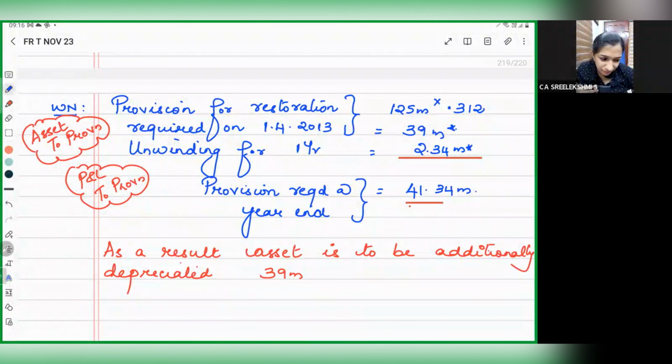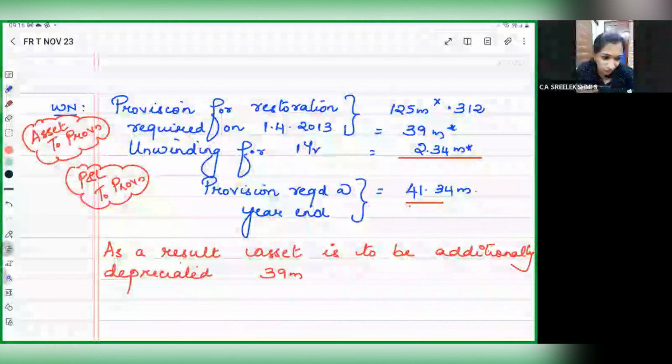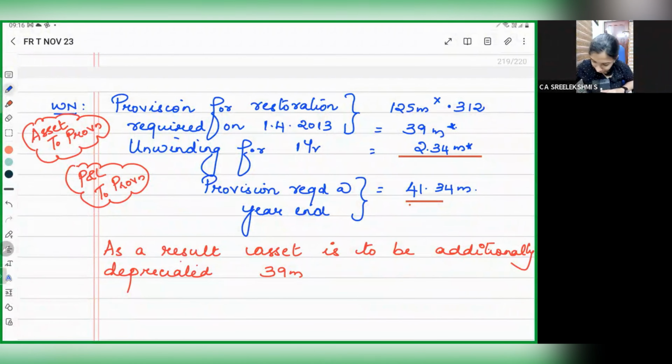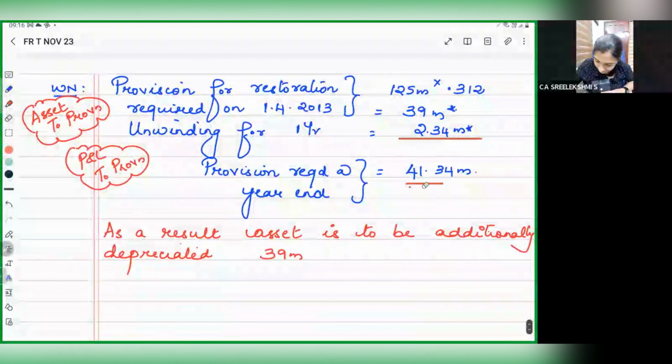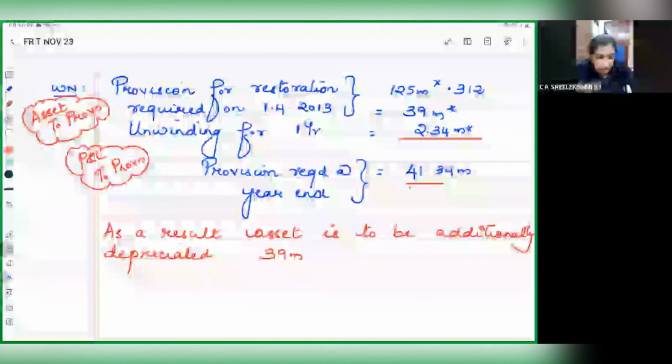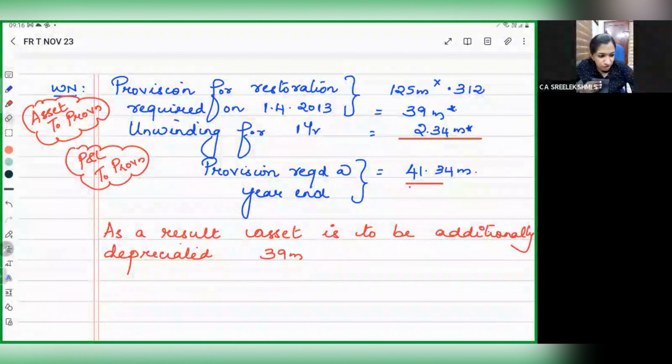മനസ്സിലാക്കിയിട്ട് പോയാൽ മതി. ഓക്കെ നമുക്ക് നോക്കാം. So 41.34 ആയിരിക്കും closing date provision. Closing date provision will be standing at 41.34 in the final balance sheet.